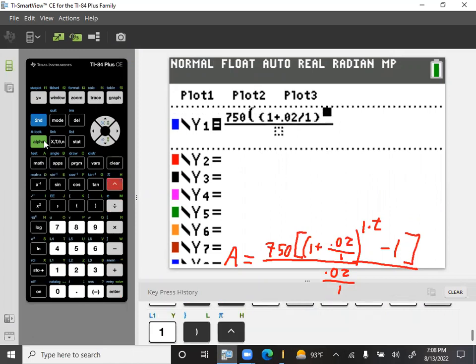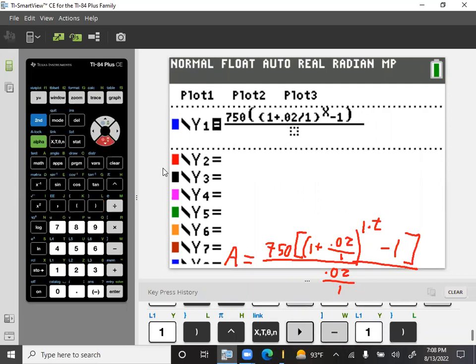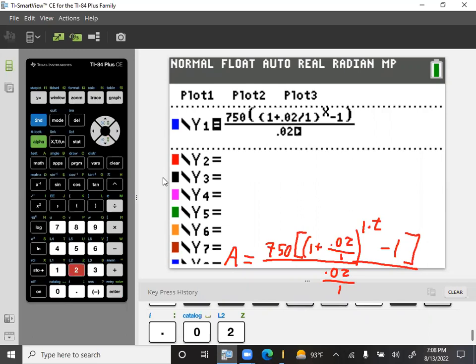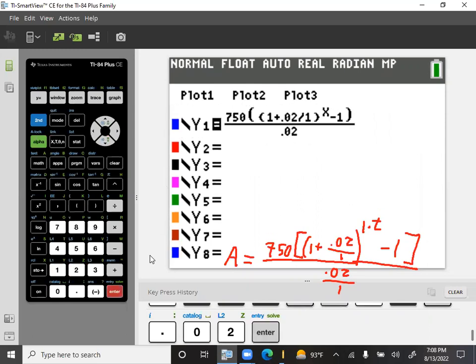And then to the 1 times t. I don't really need to put that 1 there. Then -1 in parentheses over 0.02 divided by 1, which is just 0.02. Okay, so I've got my formula in there.